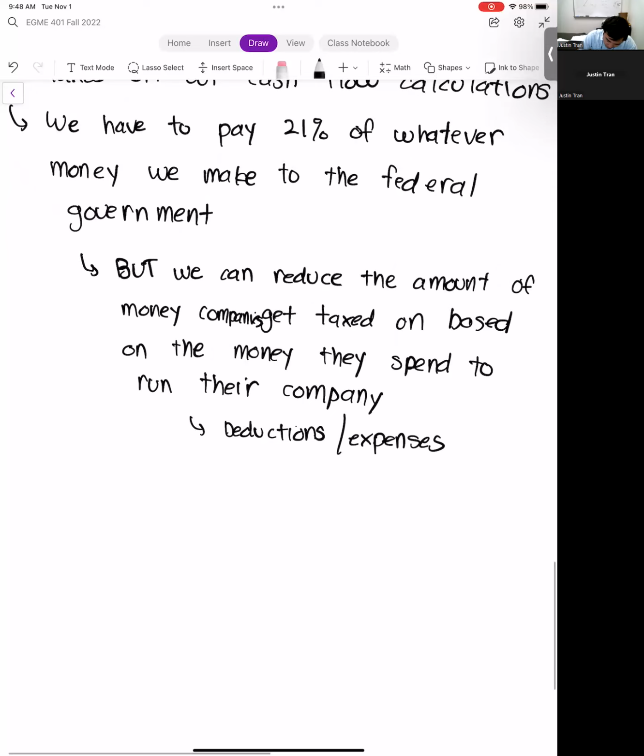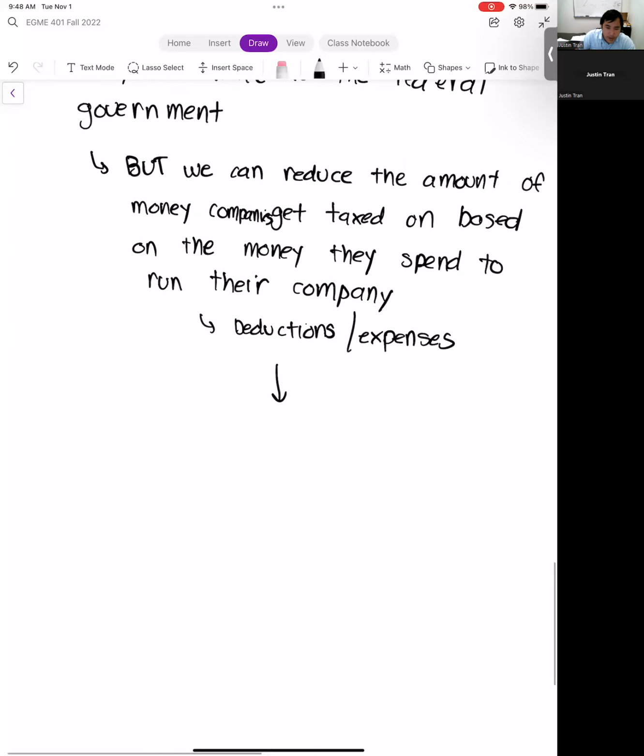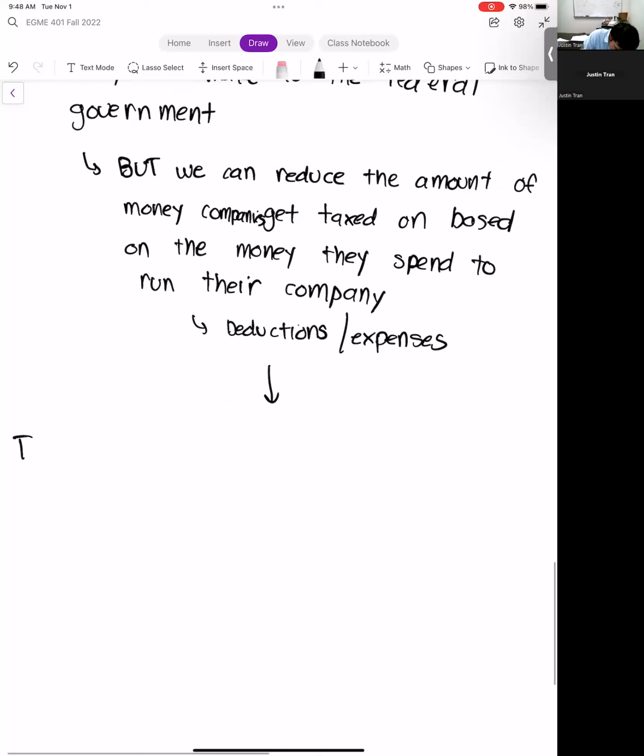And so we have this idea of what we call taxable income. This is different from your raw revenue, your raw income, and this is the amount of money that you are going to get taxed on.